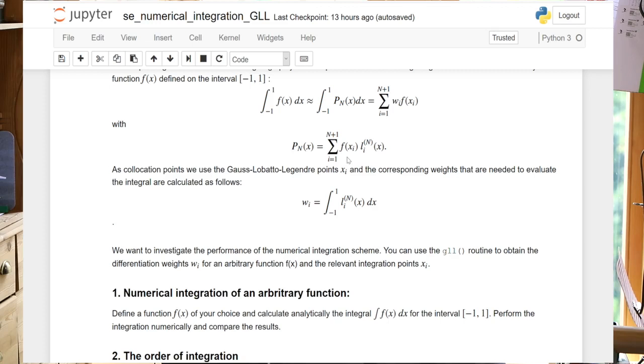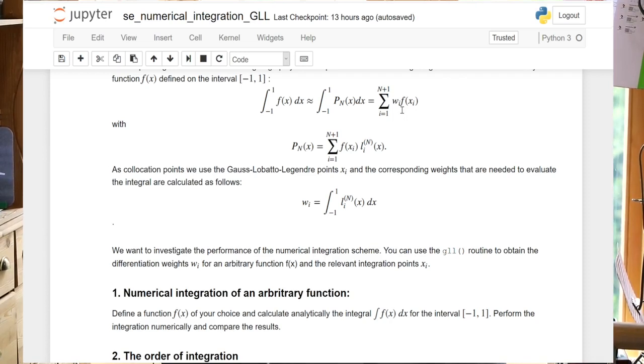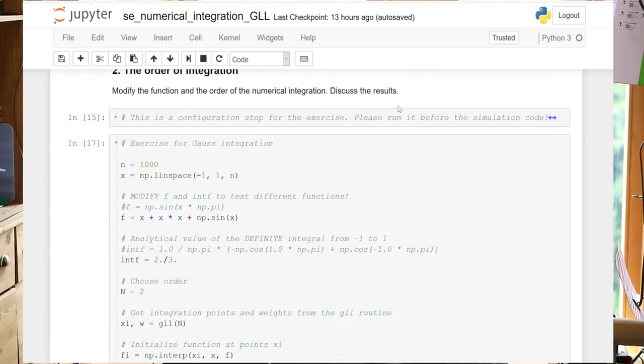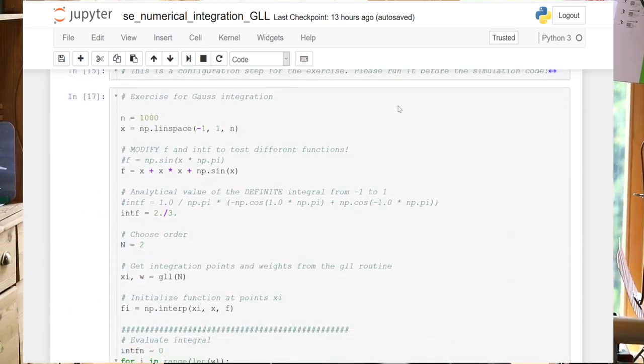And this leads to, in fact, simply multiplying the known function at the collocation points, the GLL points, with the weights that we get from tables and from a subroutine.